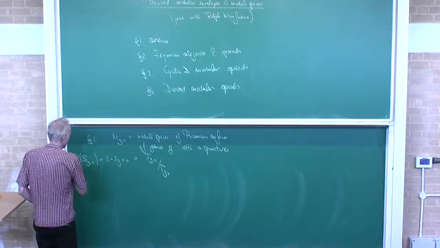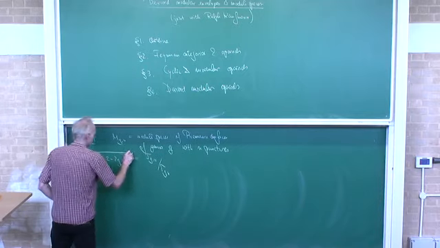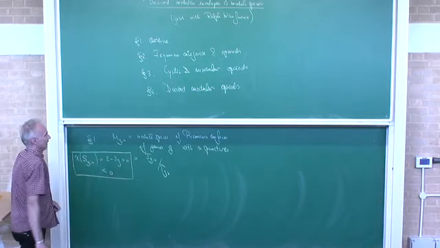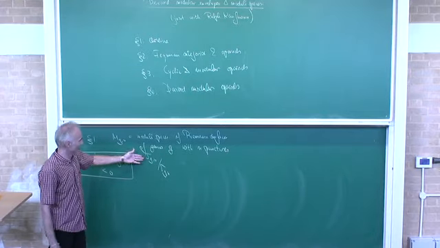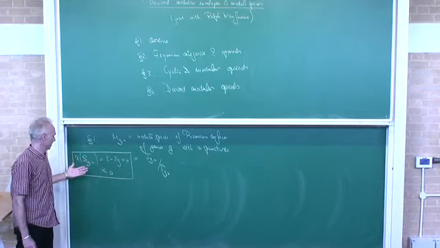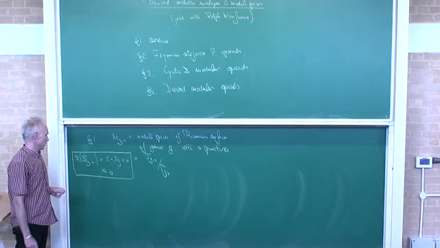And then you can think of the Teichmüller space as the space of hyperbolic metrics on this surface up to isotopy.